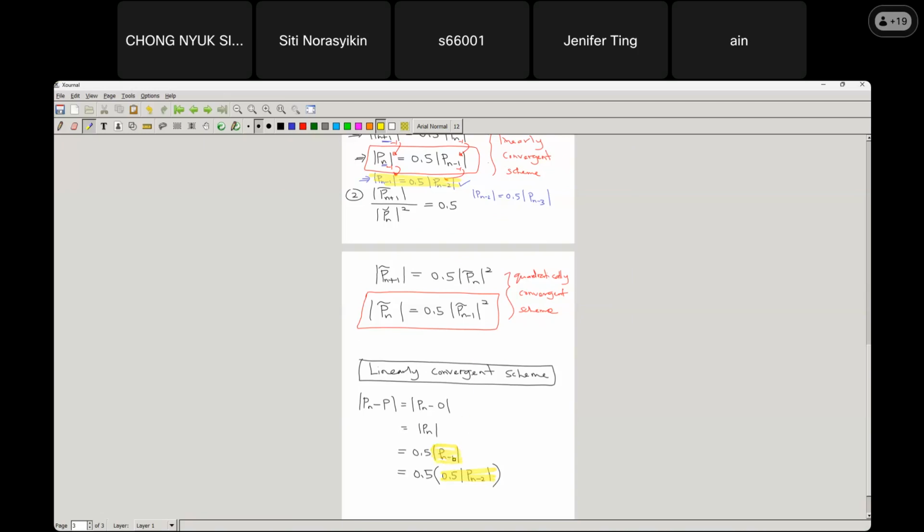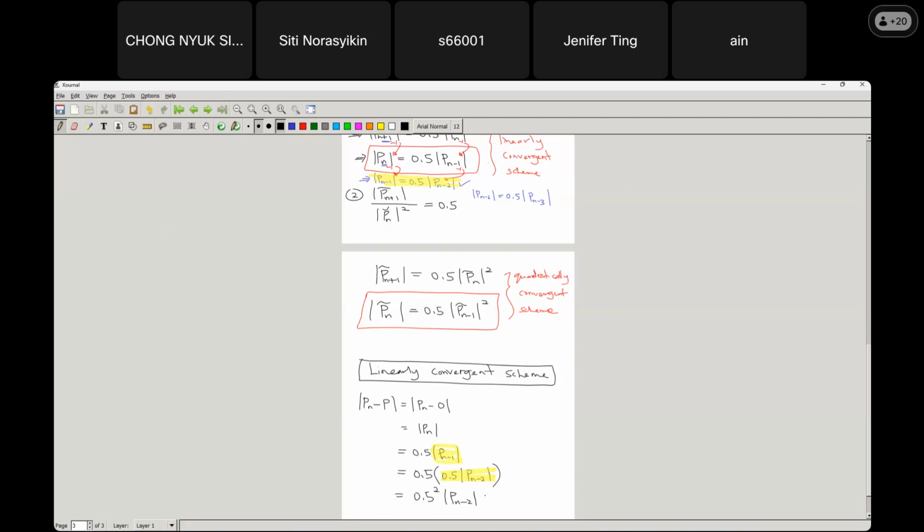So this Pn minus 1, we substitute, that is equal to 0.5 Pn minus 2. So next, I hope that you are clear. Next, we do Pn minus 2. You simplify first. So 0.5 times 0.5, that means I have 0.5 squared times Pn minus 2.